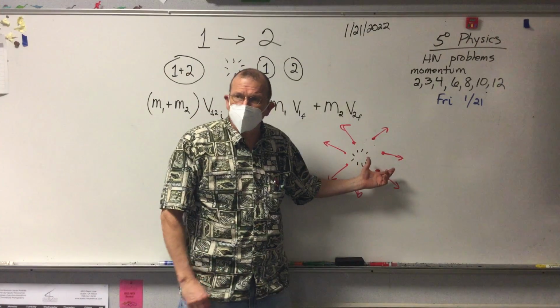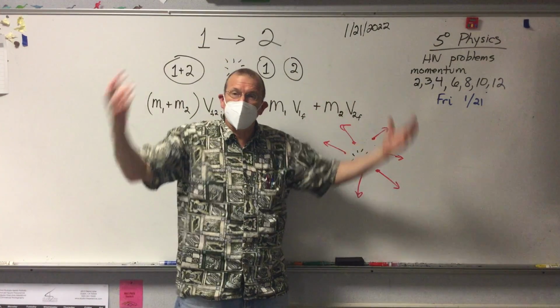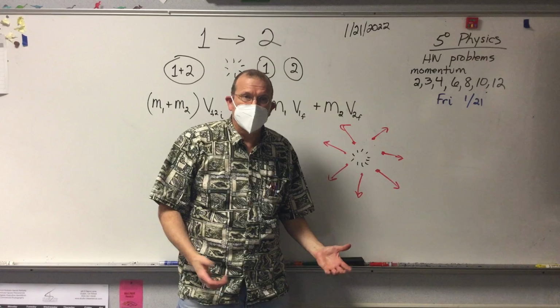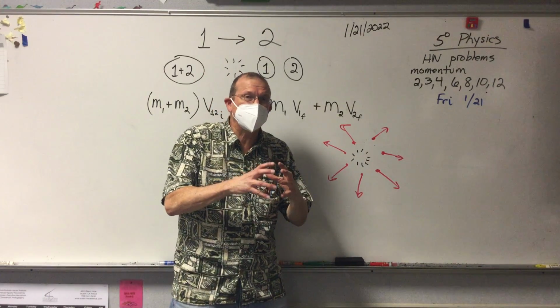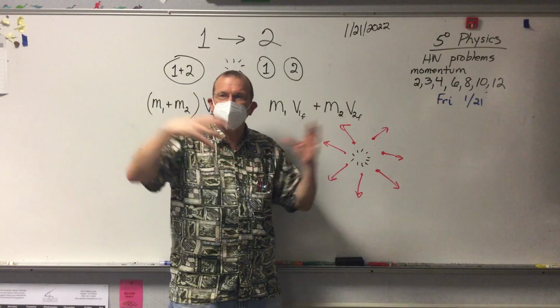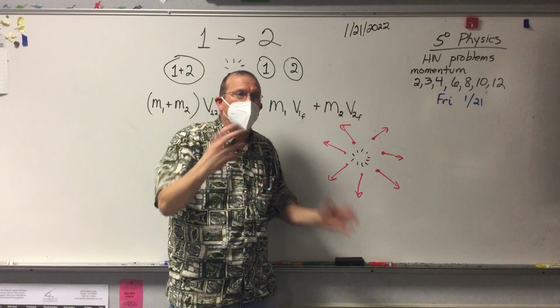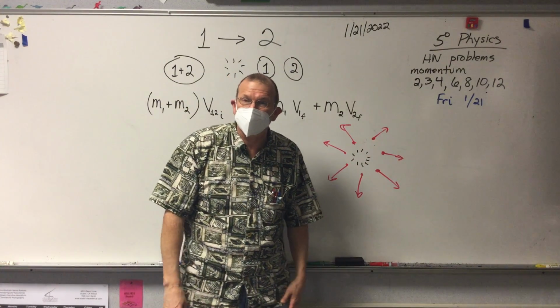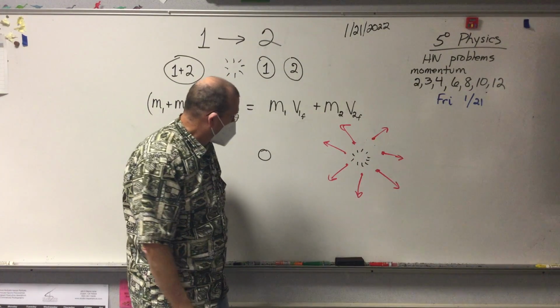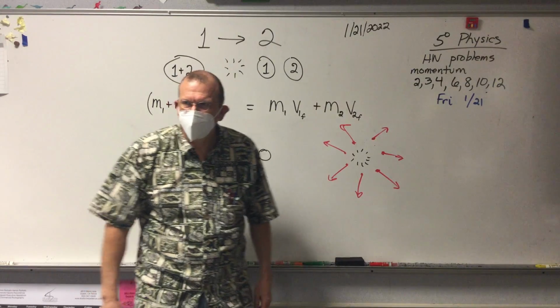So when it explodes, there is still a total of no momentum, because the explosion generates momentum equally in all directions. So overall, all that momentum still adds back to 0. Okay? Wow, that's a good example.